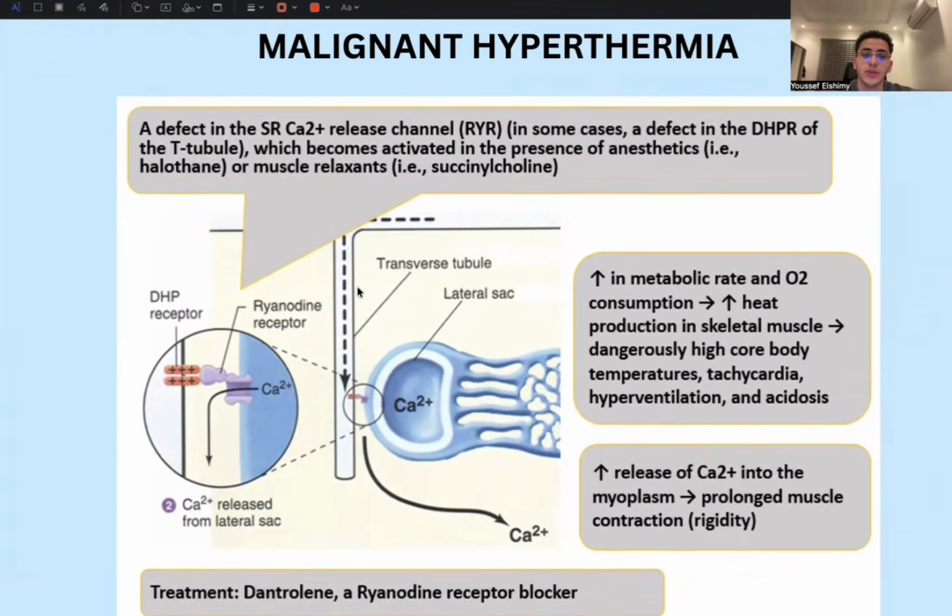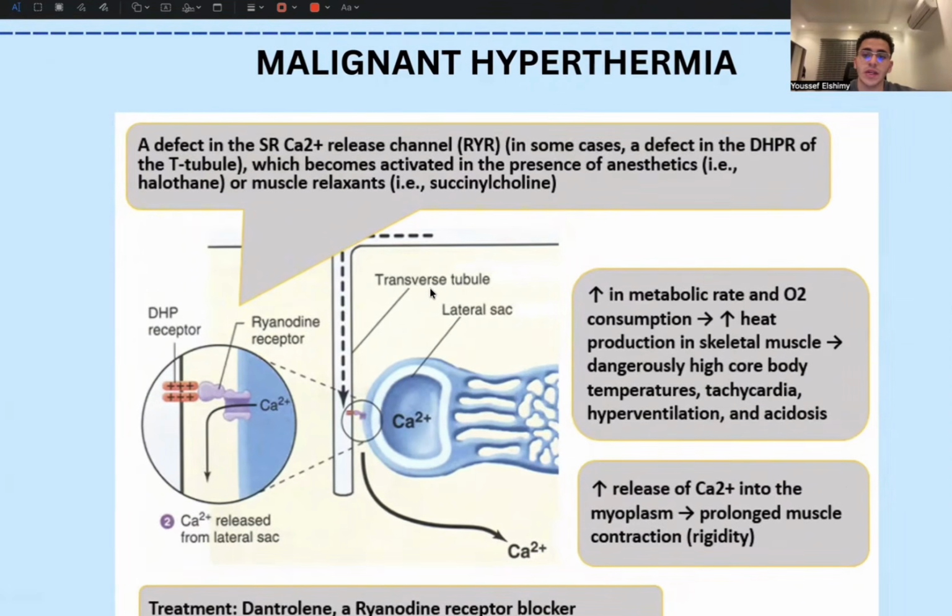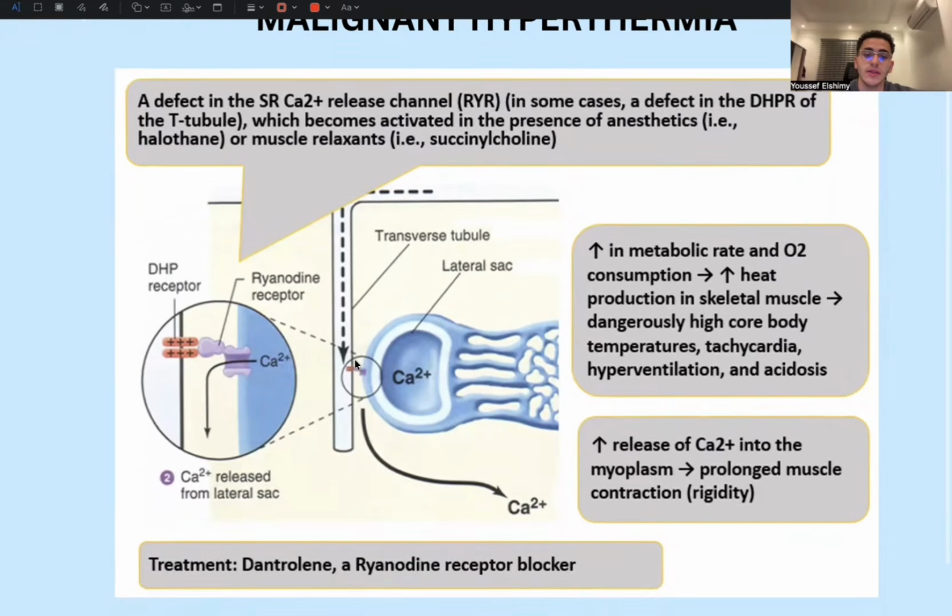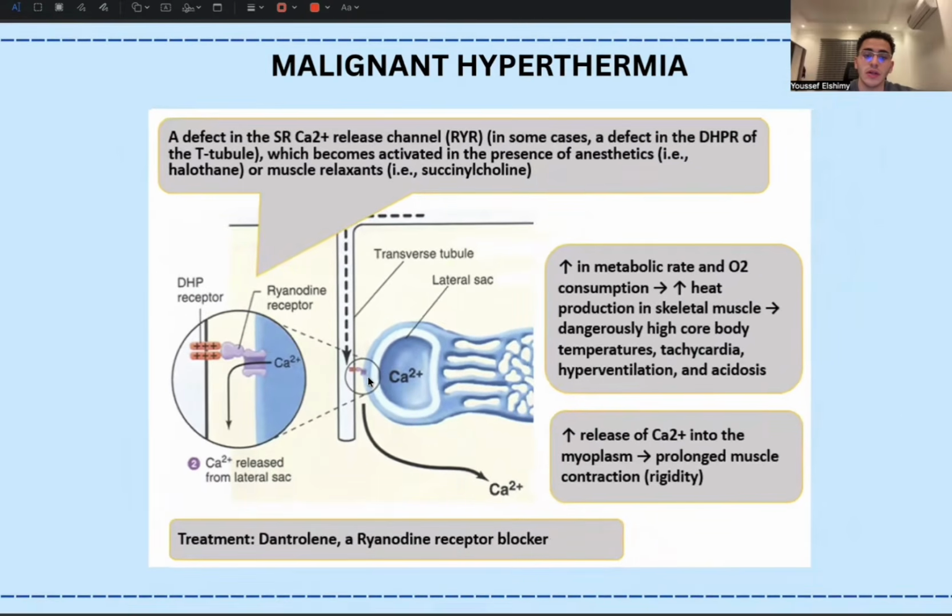So during surgeries, if a patient has a defect in the ryanodine channel receptor, and we give anesthetics like halothane or muscle relaxants like succinylcholine, it leads to opening or activating this channel. As a result, there would be increased release of calcium into the myoplasm.